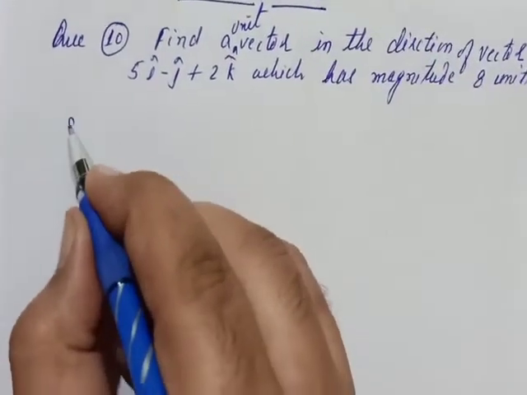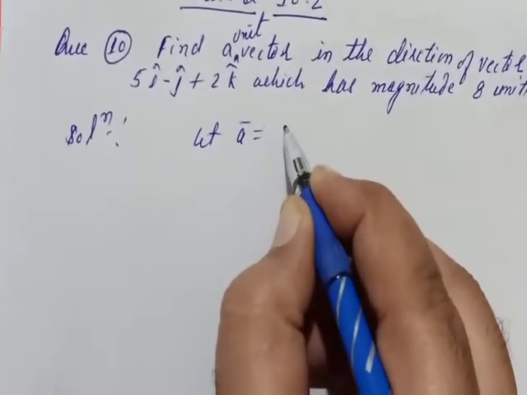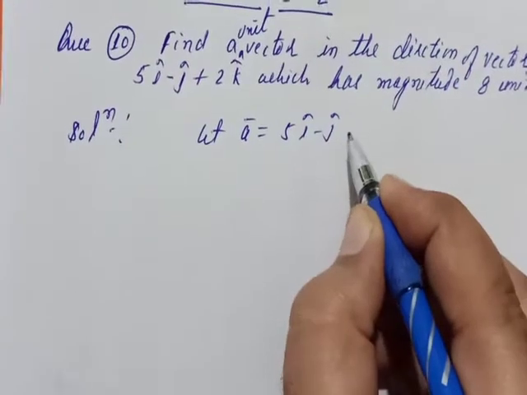So, solution of it. Let vector A be 5i minus j plus 2k.